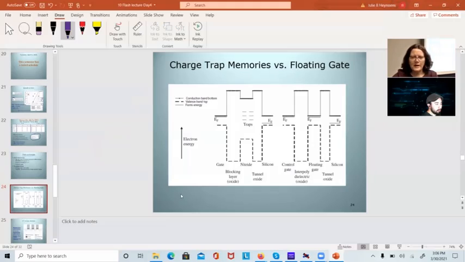Now this charge trapping memory, nobody's pursuing this anymore. I'll just tell you what traps are. When you have any semiconductor crystal, you've got a conduction band and you have a valence band.